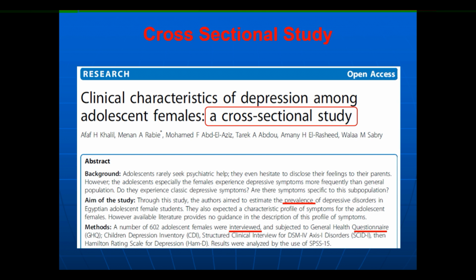Did I look at the clinical files? No. So cross-section is in the meantime. If you want to remember cross-section, it is like a snapshot. That's it. No looking back, no looking forward. Any questionnaire, okay, it will be cross-section or surveys. This is easy, huh?